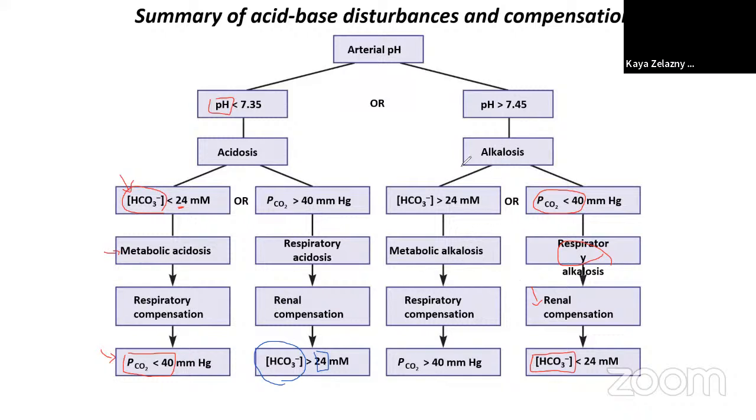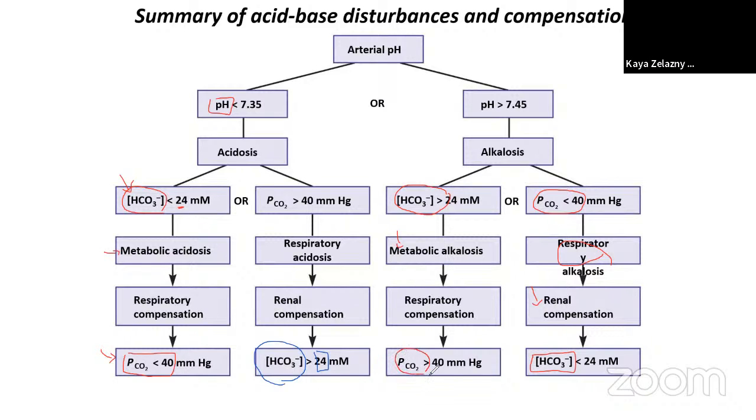Or if our alkalosis is due to the fact that you swallowed a bunch of baking soda or something, so we have high amounts of bicarbonate, that would be metabolic alkalosis. We're going to adjust with our breathing. We're going to do respiratory compensation. So we're going to slow down our breathing to keep more carbon dioxide in our plasma.